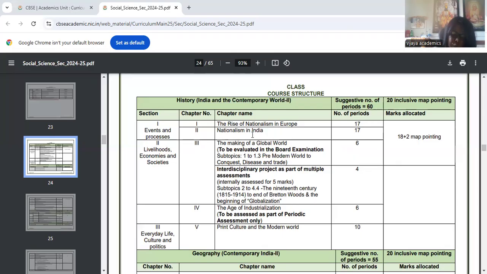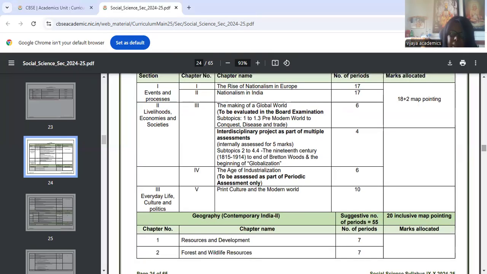These are the most important topics. On the basis of this, most of the questions come in the exam. Map-based questions also come from nationalism in India. Now, the next lesson is livelihood, economies, and societies.